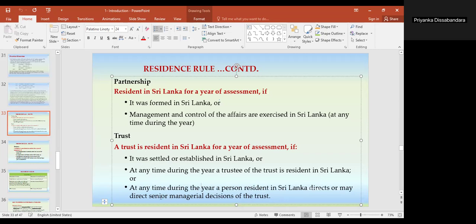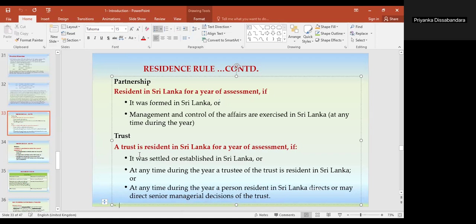The last one is, at any time during the year, a person resident in Sri Lanka directs or makes senior managerial decisions of the trust. That means if their decisions are taken within Sri Lanka, then for that period we can consider that trust as a resident trust.